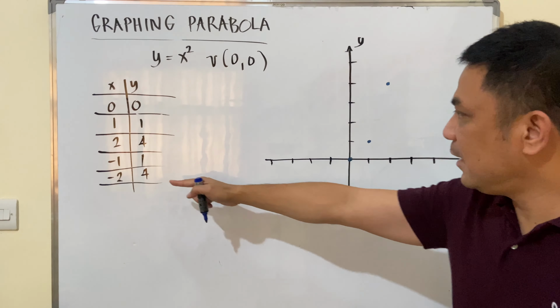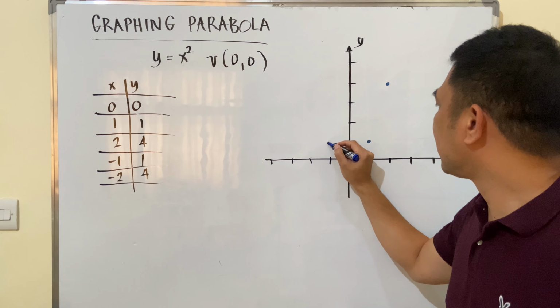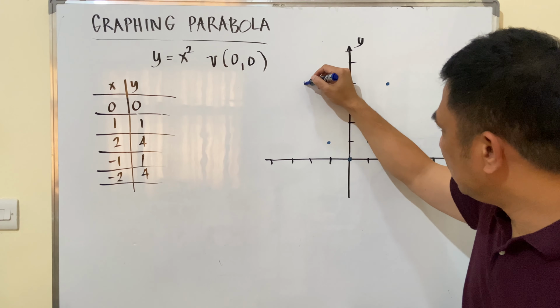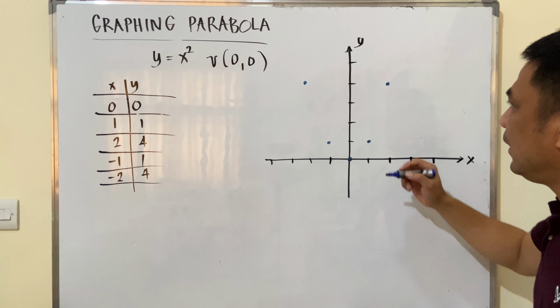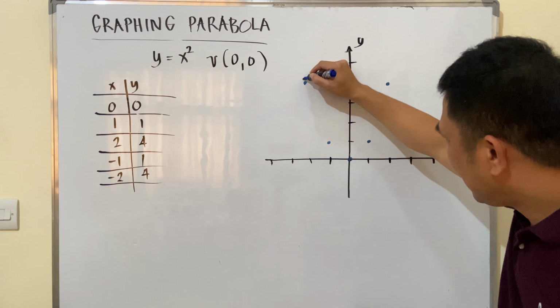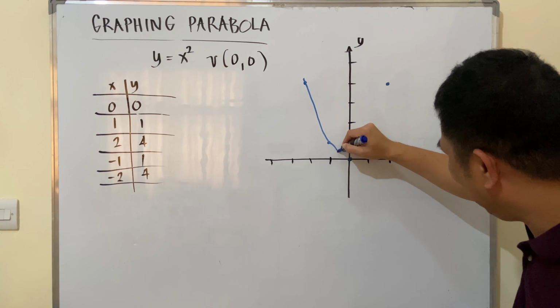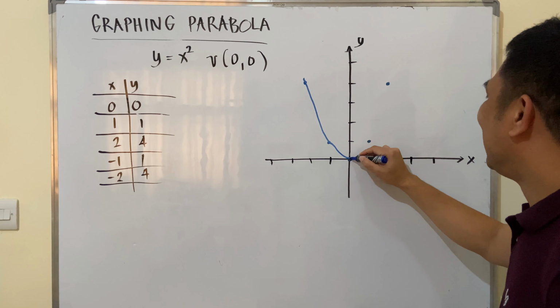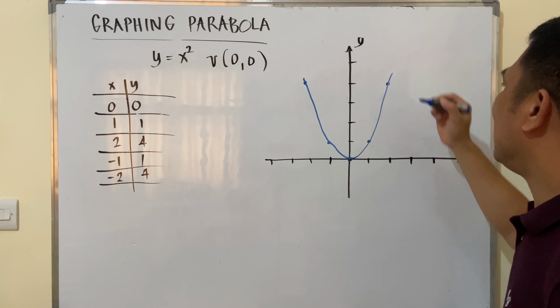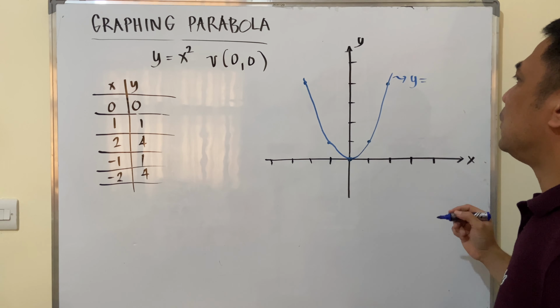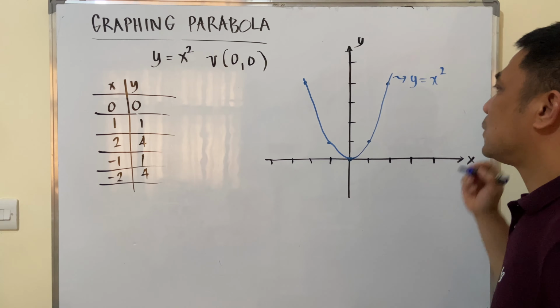Also on the other side, x equals negative 1, and x equals negative 2, y is equal to 4. So let's try to graph this one as smooth as we can, but I know that cannot be achieved. Okay, so therefore, this will be our y is equal to x squared.